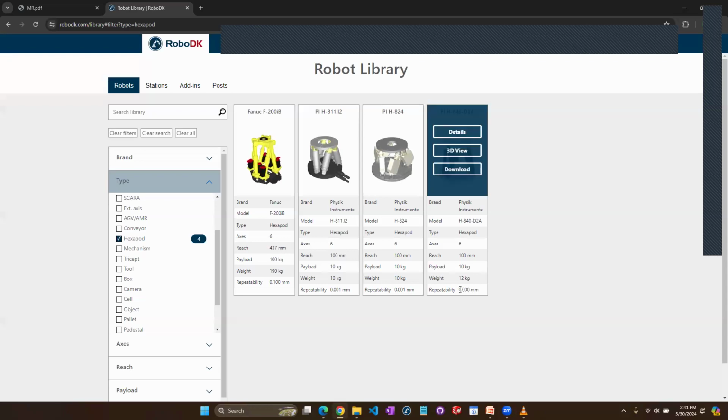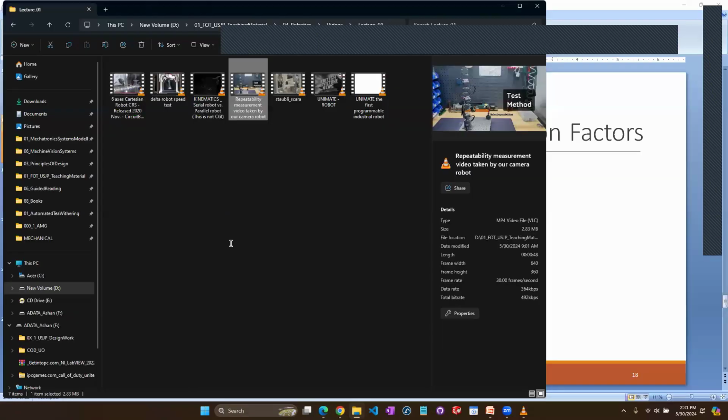And when people say that it has this amount of repeatability, it really means this particular robot has a repeatability in the nanometer range. Right? It's not zero, but it's in the nanometer range. The magnitude of repeatability has been lowered. So that's what repeatability is.